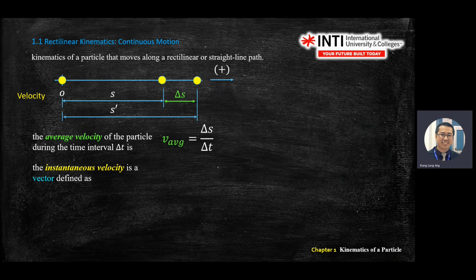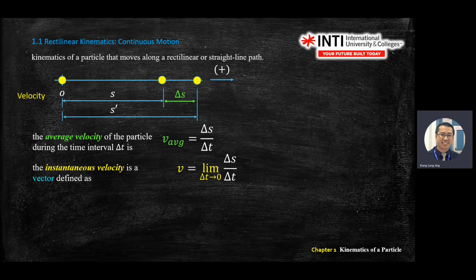Another velocity, we call it instantaneous velocity. What I mean by instantaneous is like watching a movie and you press the pause button. So what is the velocity at that particular time that you are looking at? It's called instantaneous velocity. So you know that in your mathematics, in your calculus, you transform something delta to something that you can measure.